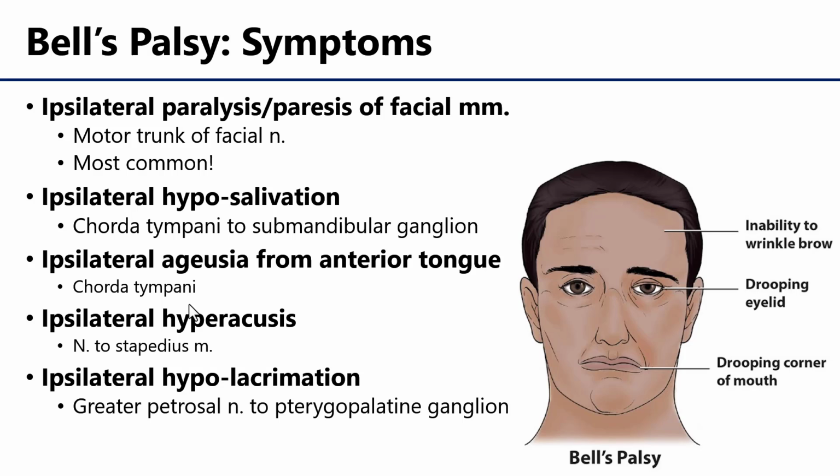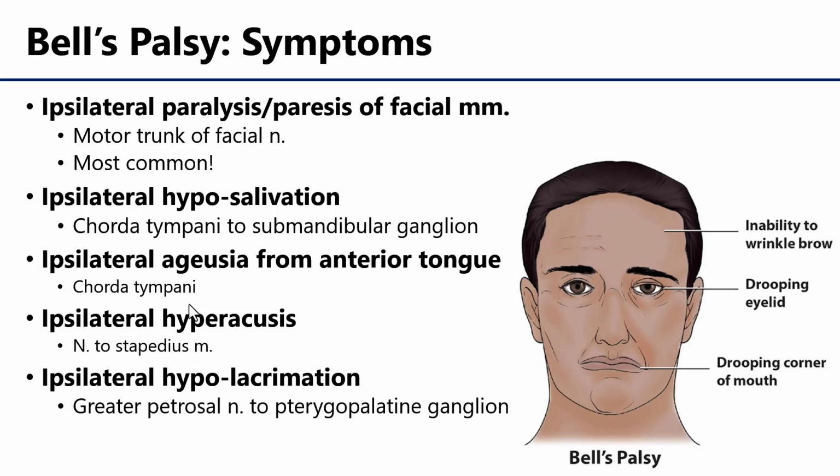So Bell's palsy has a series of symptoms, some very, very common and diagnostic, and others quite rare, but nevertheless still diagnostic. The most common symptom of Bell's palsy is an ipsilateral paralysis or paresis of the facial muscles.